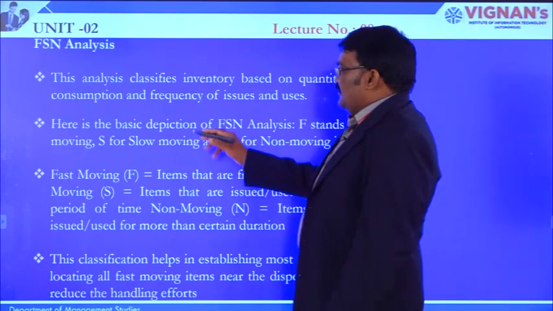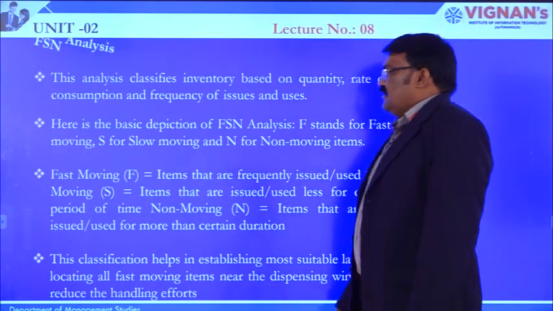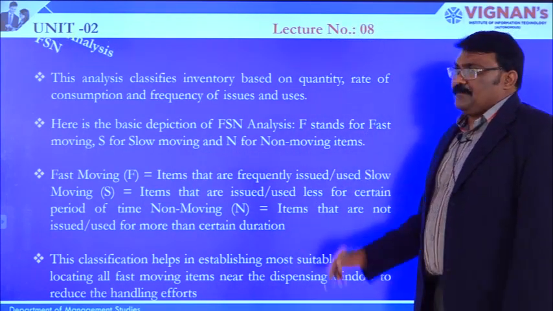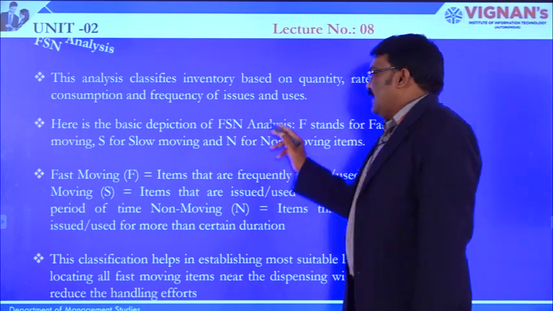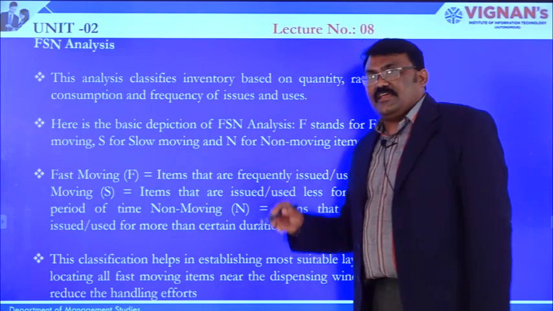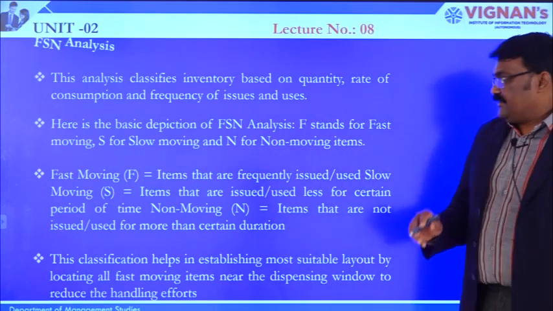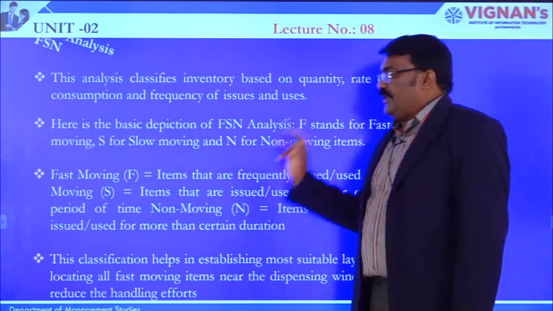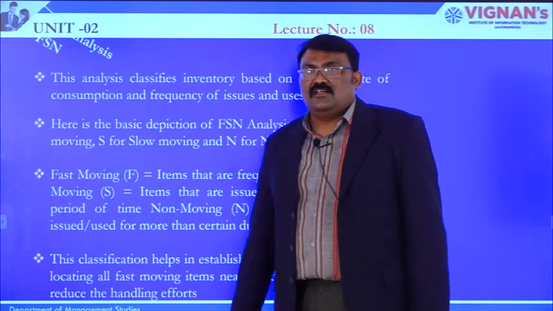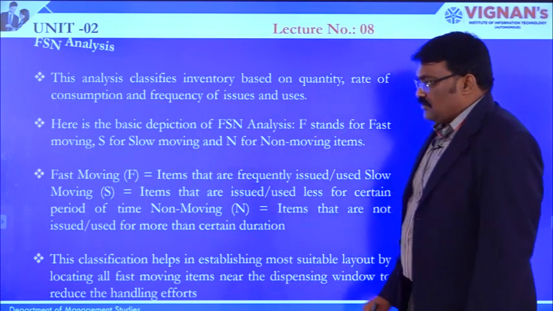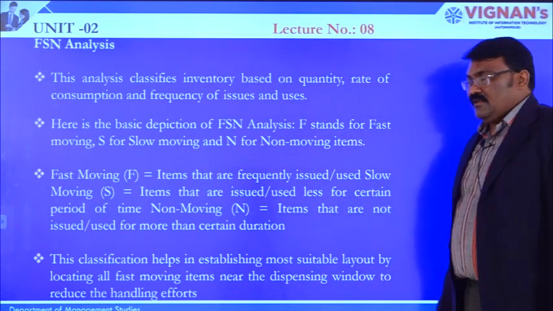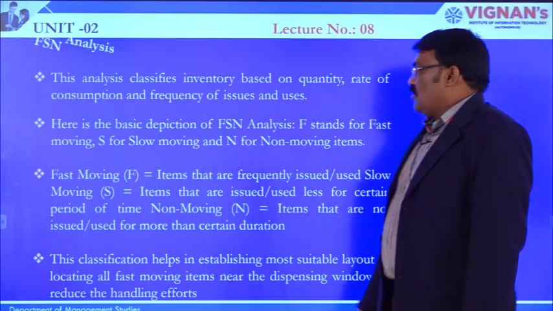Here is the basic depiction of FSN analysis, where F stands for fast moving, S stands for slow moving, and N for non-moving.